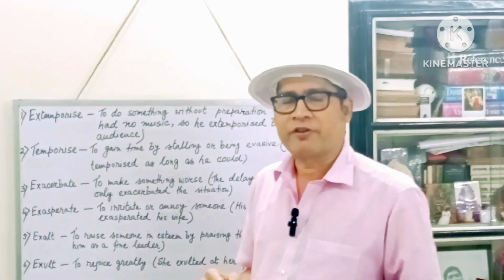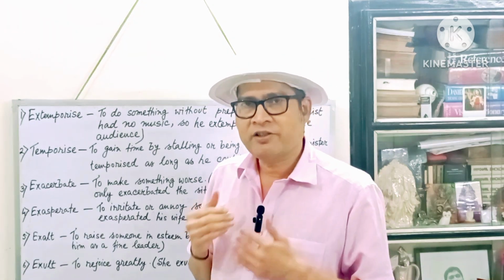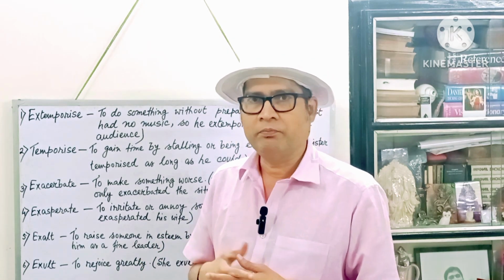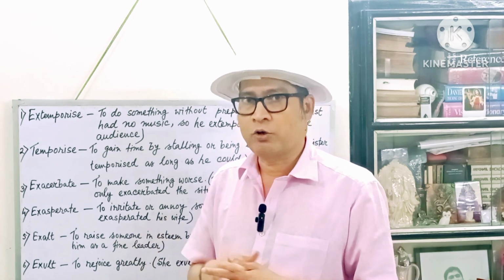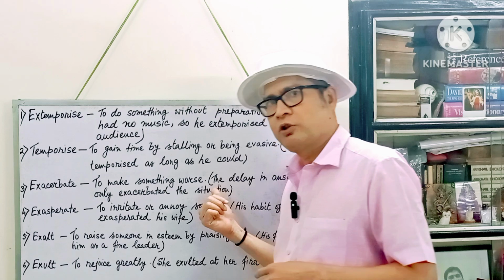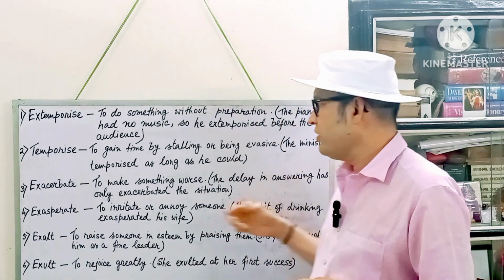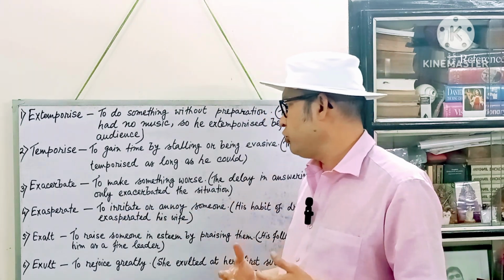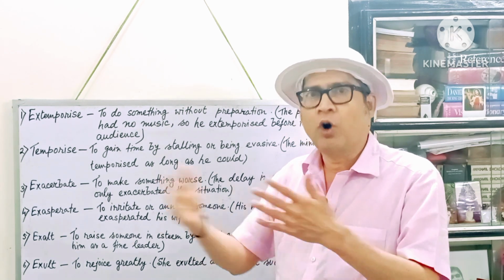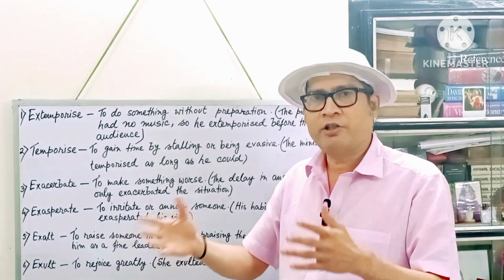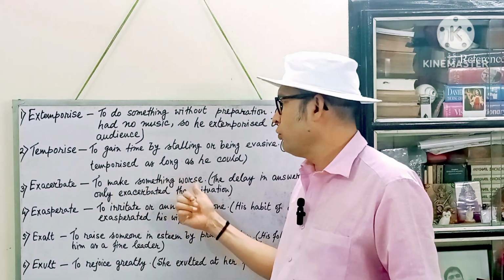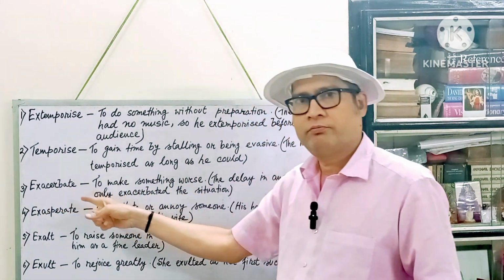If you answered the question promptly, without wasting time, the situation could have been under control. But what you have done, you have delayed. So the delay in answering has only exacerbated the situation, that is, made the situation worse. Otherwise, you could have controlled the situation. So, to make something worse is exacerbate.